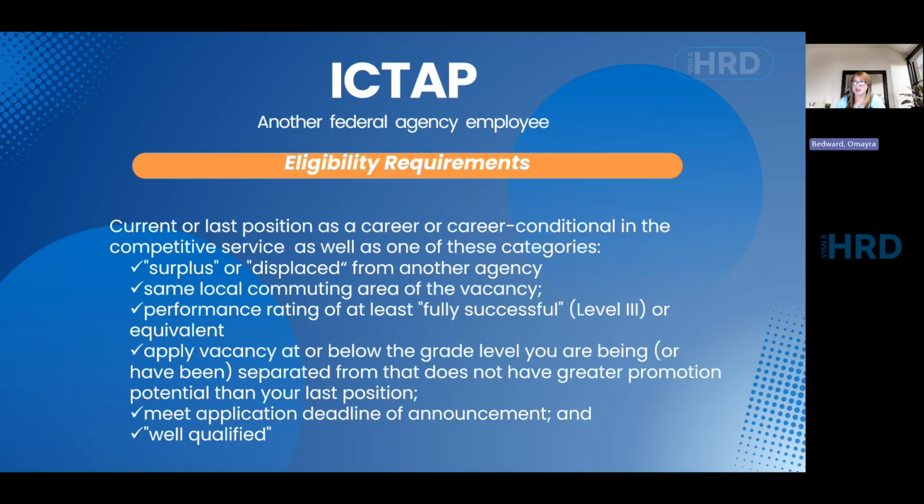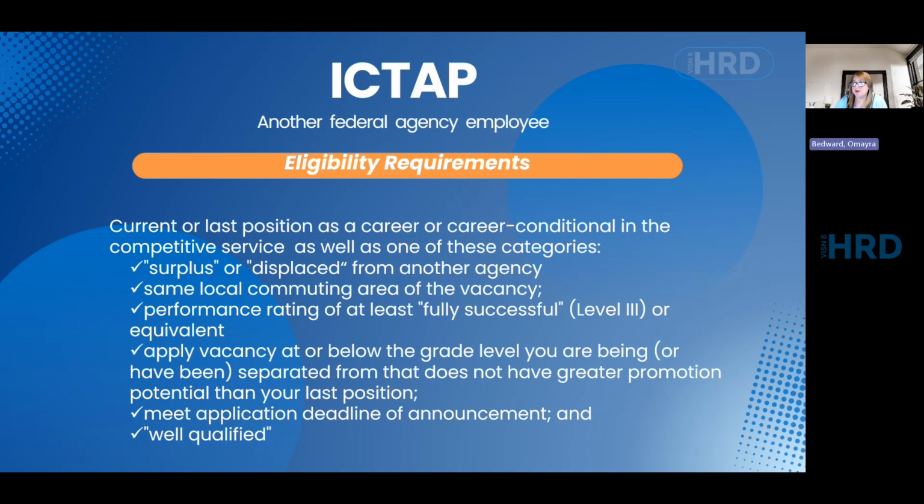Career is tenure 1, career conditional is tenure group 2. The person has to be considered surplus or displaced from another agency and be within the eligibility period established, if that's applicable. They have to apply to a position in the same local commuting area of the vacancy.